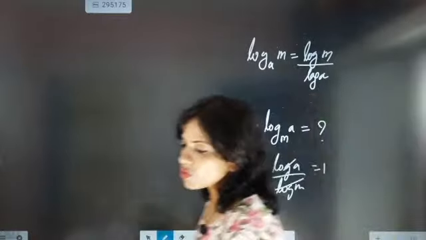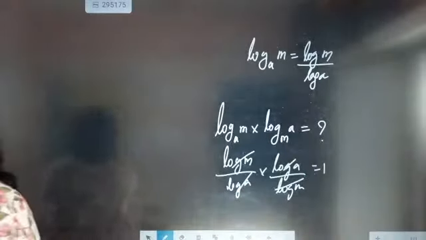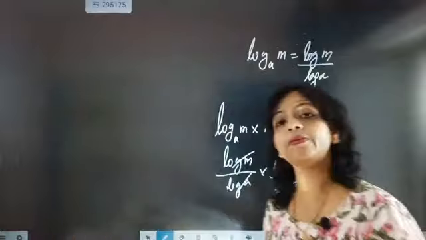So now we are going to go for a very important question here. Let's see how technically you are capable of solving this question. I need a very technical approach for this question.